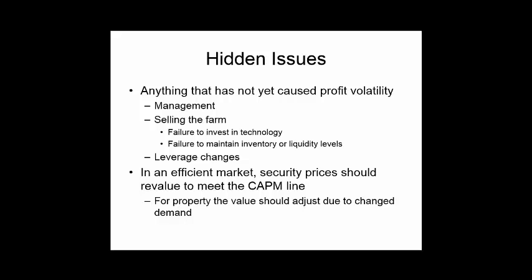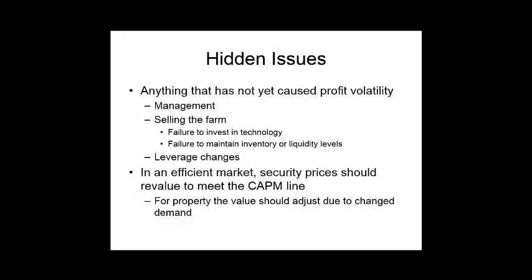Overall, in an efficient market, security prices should all revalue to meet the CAPM line. And so if we do identify an investment that has a Sharpe index above 1, then the market should buy those shares and therefore run the price up, which dilutes the Sharpe index back towards the CAPM line.